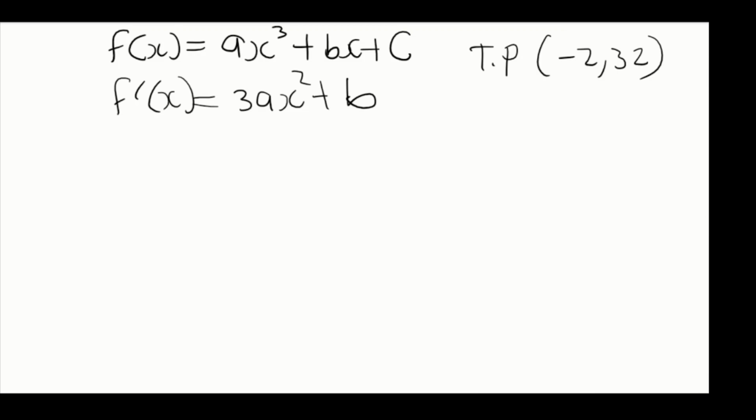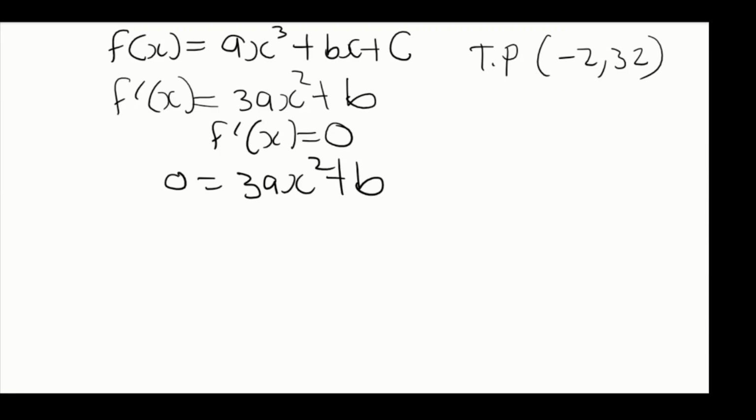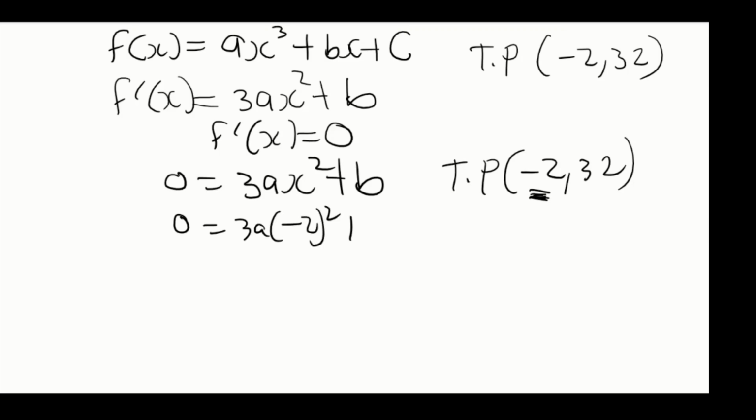Then from here we have the derivative, so we're going to equate the derivative to 0. So 0 is equal to 3ax squared plus b, and then we use the turning point, which is (-2, 32). So we substitute the x value of the turning point, which is -2. So 0 is equal to 3a into -2 all squared plus b.